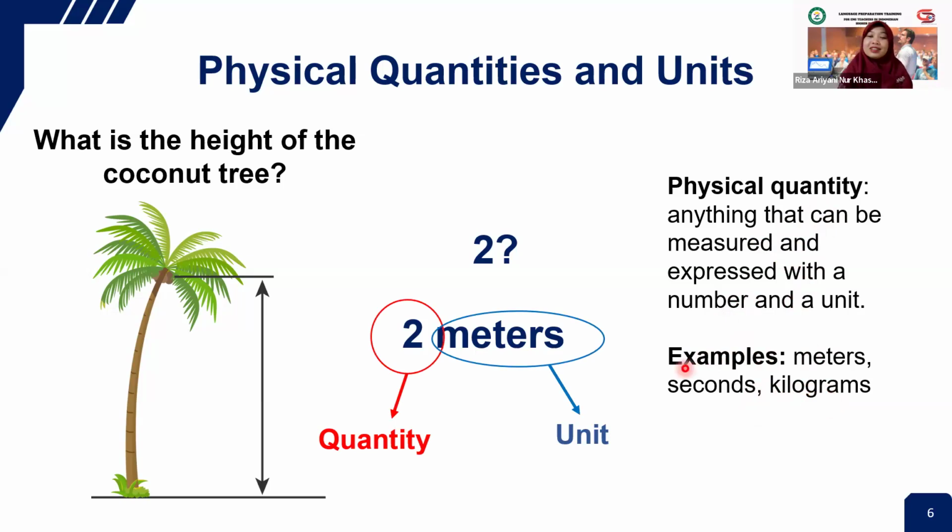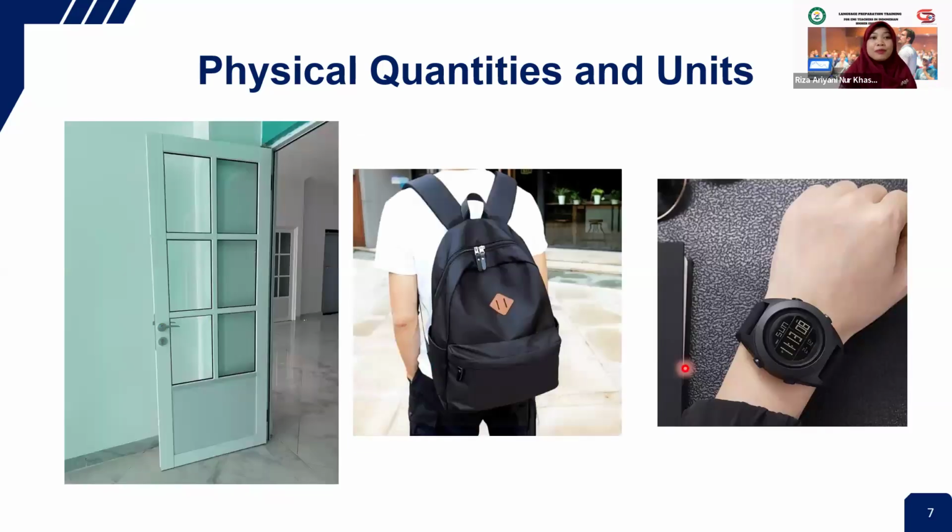Not yet? Okay. So now, please look at these figures. What is this? A door. Yeah, you can measure the width of the door using a ruler. For example, 1 meter. And this, a bag. You can measure the mass of the bag.